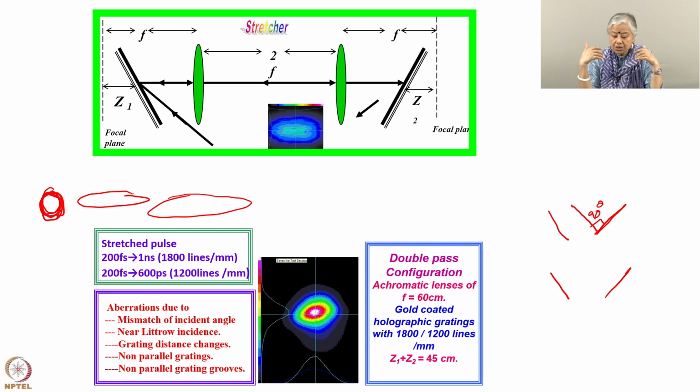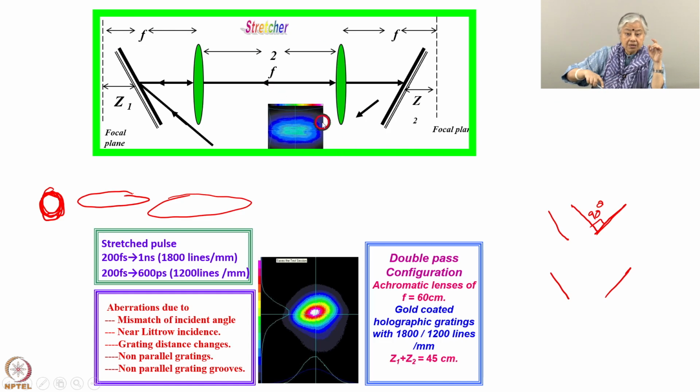Even if you do a mathematical calculation, a Fourier optics calculation can be done for the stretcher, and you will come to this conclusion that some ellipticity is brought about during its travel in the stretcher in such a configuration of two gratings here.